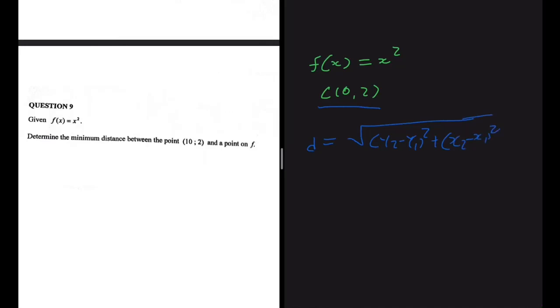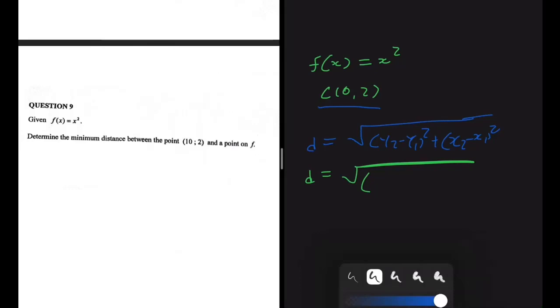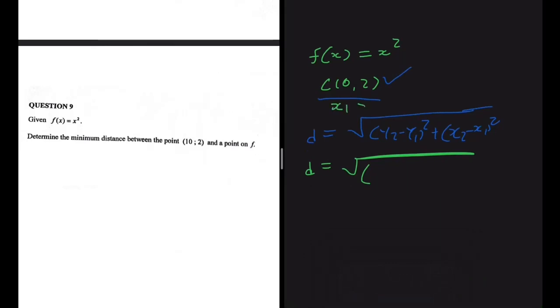So now our distance will be equal to, so we have y2. Now this is where it gets complicated, right? What is y2 and which one is y1? Obviously, we have our point here that is given to us, right? It's easy to see that we can make this 10 be x1 and let the 2 be y1.